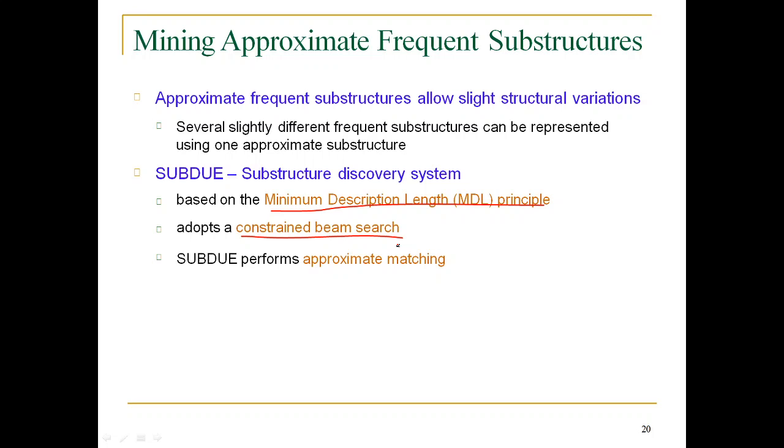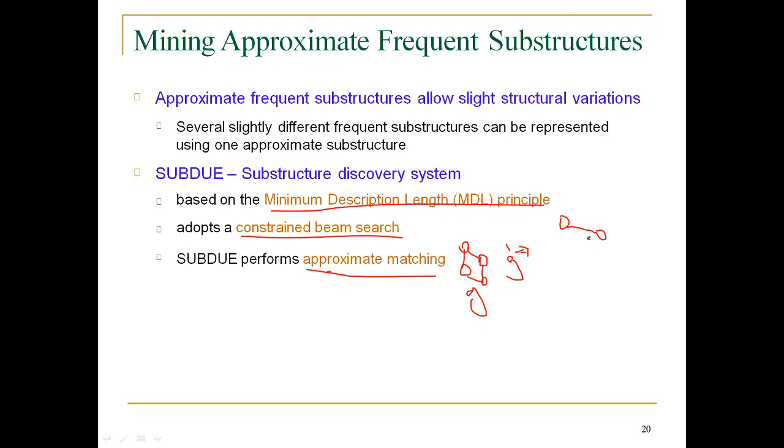So SUBDUE does approximate matching, that is, slight variations of the original graph. If you have a graph G, every time it will extend to a particular node in it.